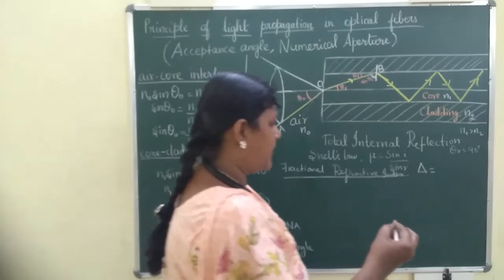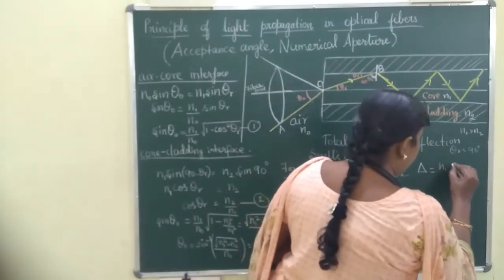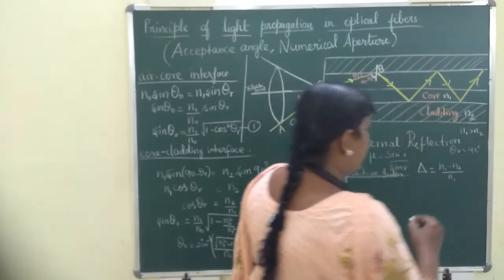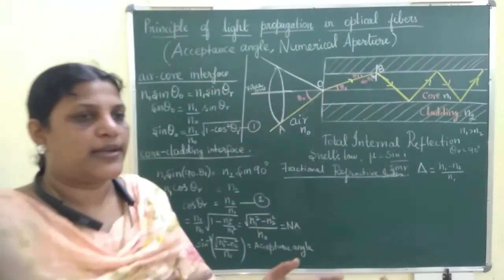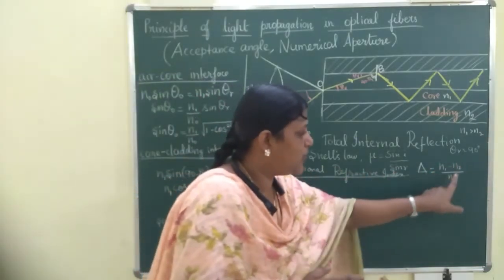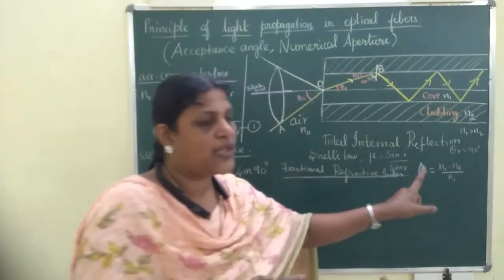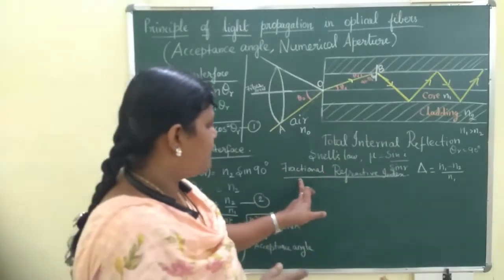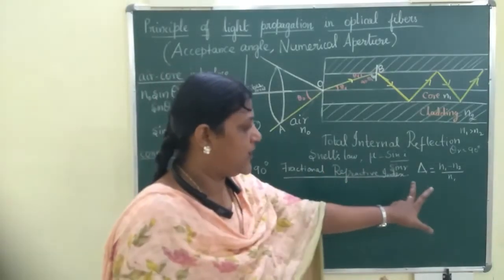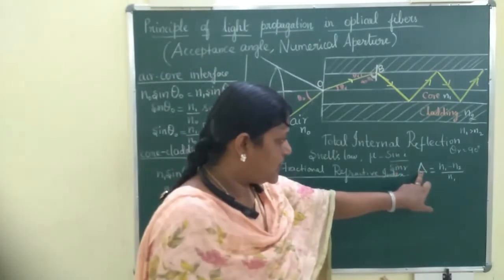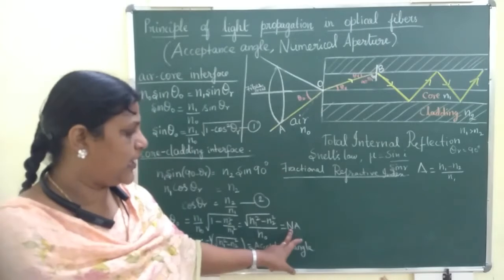Actually this can be written as n1 minus n2 divided by n1. அதாவது relative difference தான் இந்த ரேஷியோ, n1 minus n2 by n1. இதை டெல்டான்னு எழுதலாம். இந்த டெல்டாக்கு நேம் தான் fractional refractive index. So we are going to derive a relationship between this delta and numerical aperture.